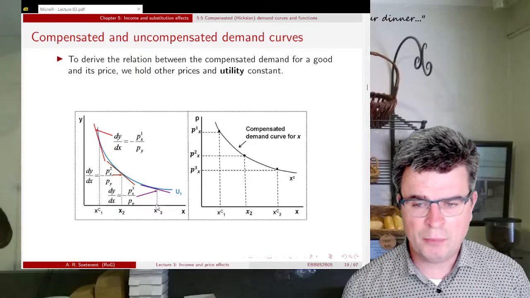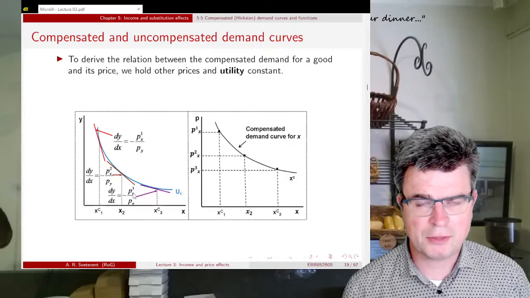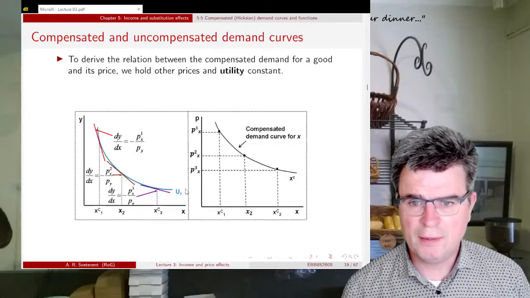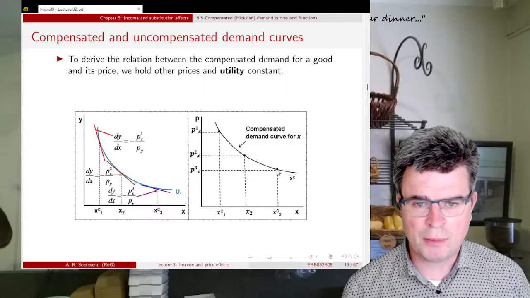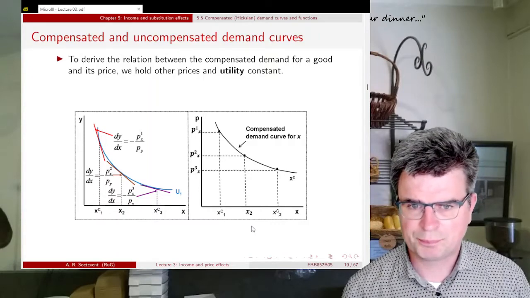And then we get the compensated demand given price equal to px3, and on the right curve, on the demand function, we depict it as the point x3c, where the c is for compensated.